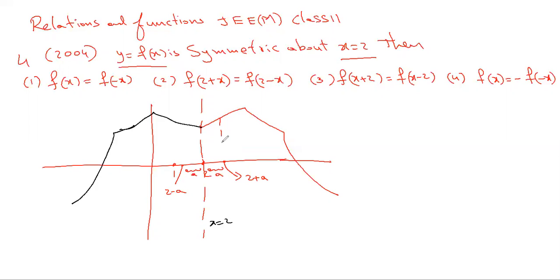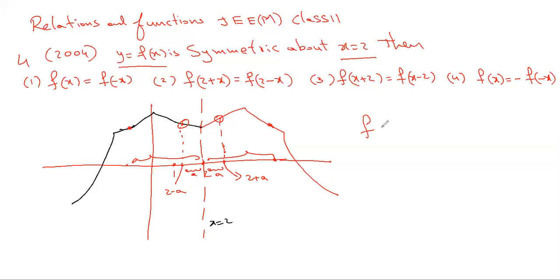And what will be the image at 2 plus a and 2 minus a? Isn't it the image at 2 plus a and 2 minus a is the same? Not only with this a, how much ever a length you take, if you take a length this much and this side also that much, you get the same.